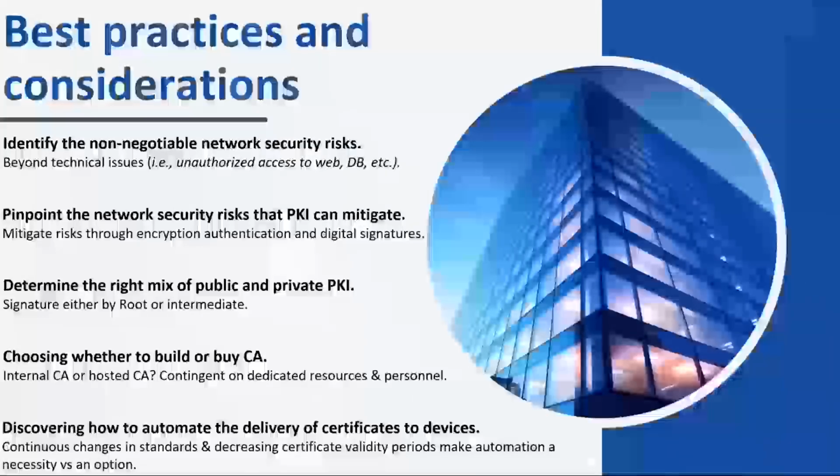Number two, right? I would say that once you understand those crown jewels, you have to understand where encryption, authentication, and signing can mitigate risk against those crown jewels. That's really what we're talking about in bullet point 2. And then you really, across your organization, start to do things like, we've heard the term, Tim, cryptographic center of excellence.